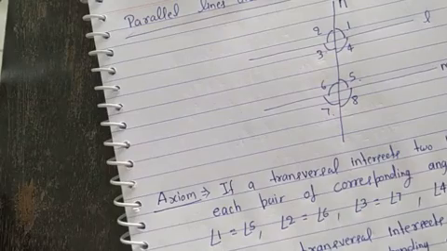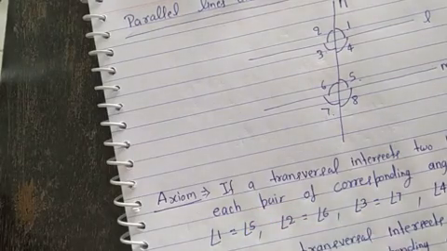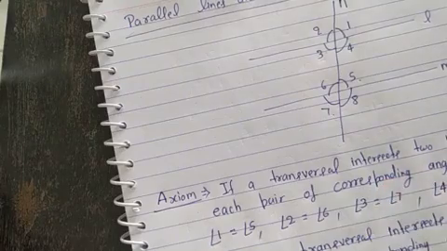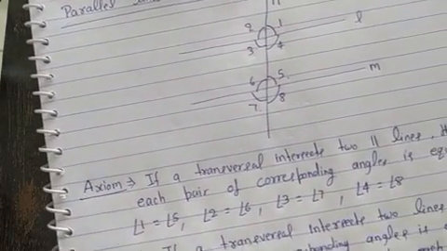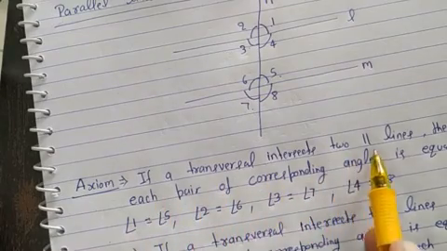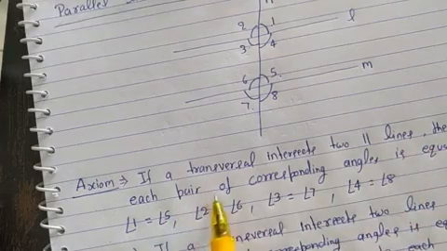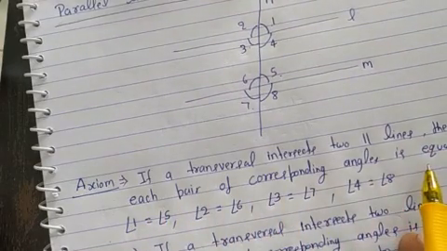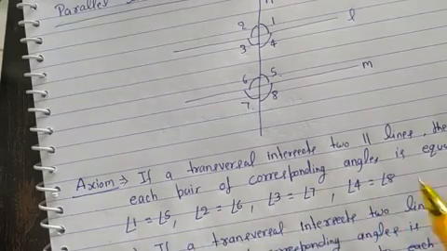Okay, this is just the opposite of the first axiom. In the first axiom we are saying if a transversal intersects two parallel lines, then each pair of corresponding angles is equal. So this result came.